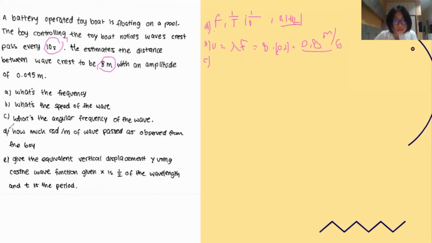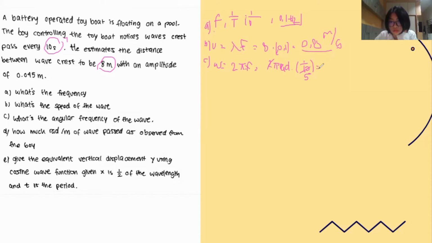Now C. What's the angular frequency of the wave? Angular frequency is 2 pi times the frequency. So it's going to be 2 pi rad times the frequency, which is 1 per 10. 1 per 10, so 2 pi per 10.